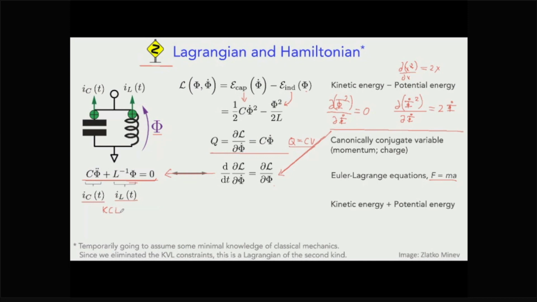Now, having done all of this nice mathematical trickery, we can use the momentum that we've defined, which is charge, and the position, which is phi, and the two energy functionals to define the Hamiltonian. And the Hamiltonian now is a functional of the position, which is the magnetic flux phi, and the momentum, which is the charge q.